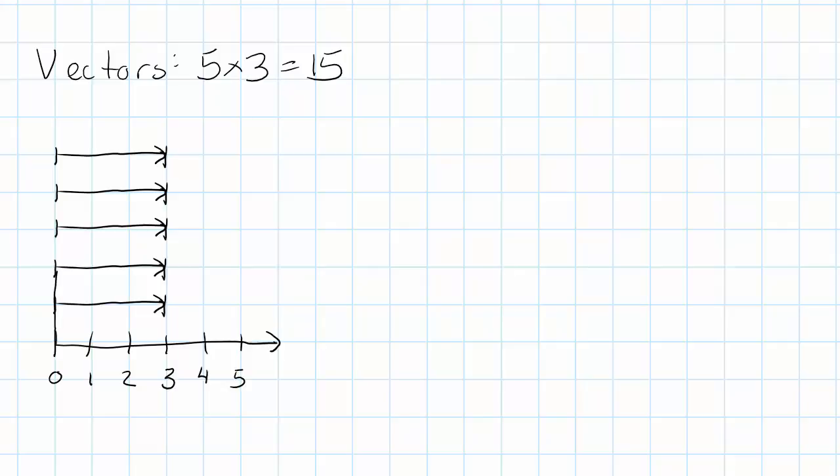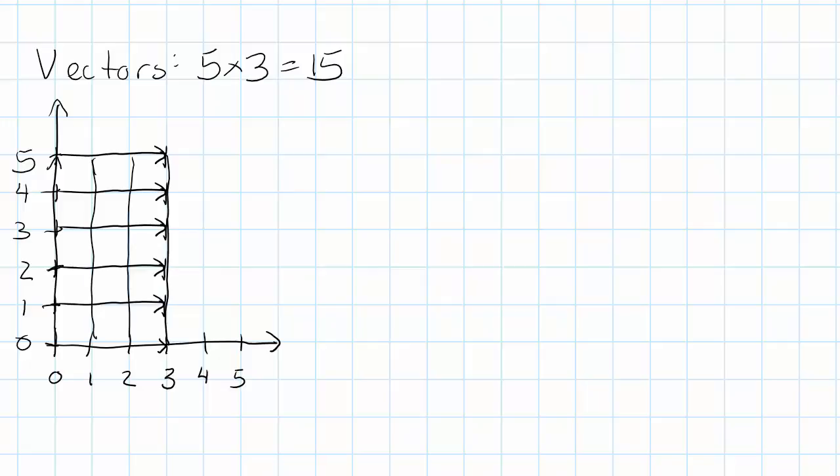If we draw another number line going upward here, we'll see 0, 1, 2, 3, 4, 5. This is a rectangle, right? It has the vector 5 for its left side and the vector 3 for its bottom side.